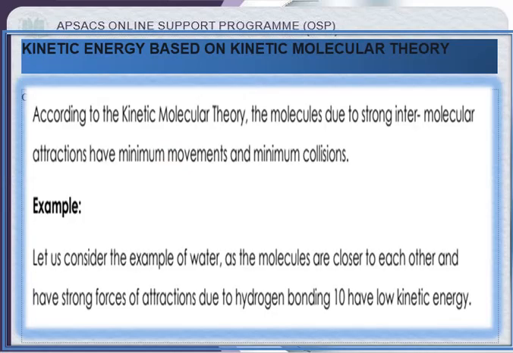Next, according to the kinetic molecular theory, molecules with strong intermolecular attractions have minimum movement and minimum collisions. Let us consider the example of water. As the molecules are closer to each other and have a strong force of attraction due to hydrogen bonding, they have a low kinetic energy.